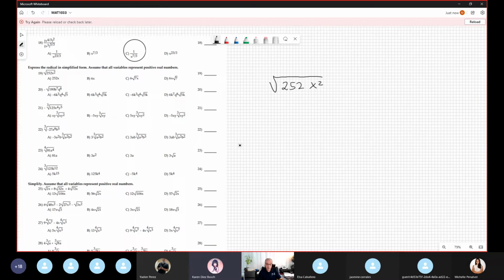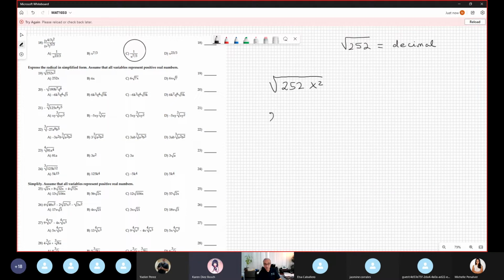So, for example, if you try to find the square root of 252 using the calculator, you are in big trouble because 252 is not a perfect square number. It gives you a decimal, and a decimal is the approximate solution, not the exact solution, which is exactly what we need.